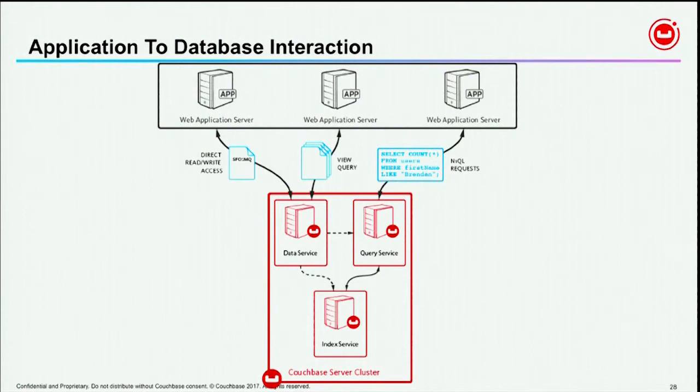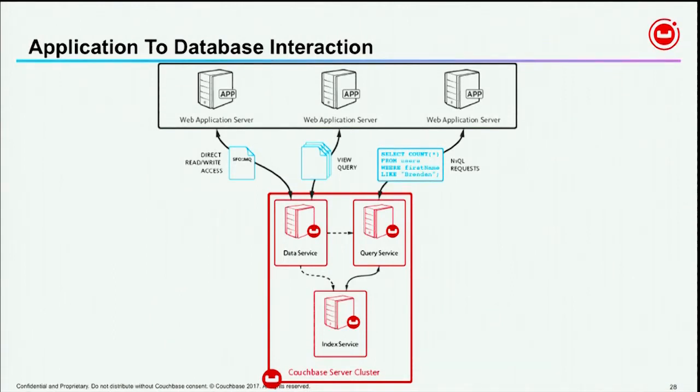If we take a quick look at the flow of data from an application into the database, you'll see that all of these services exist within a cluster. As I mentioned before, there's no need for a load balancer or a proxy layer or a routing layer. The application itself, our intelligent SDK, manages all of the load balancing and all of the connectivity. So from an application perspective, you see a single point of connection into your cluster, but it may actually be spread across many nodes underneath.